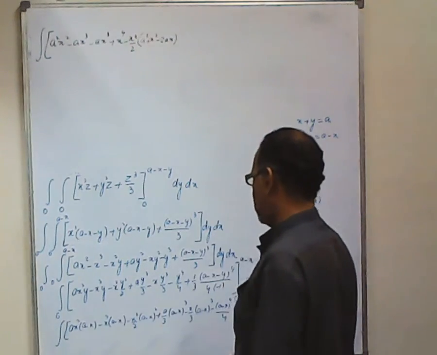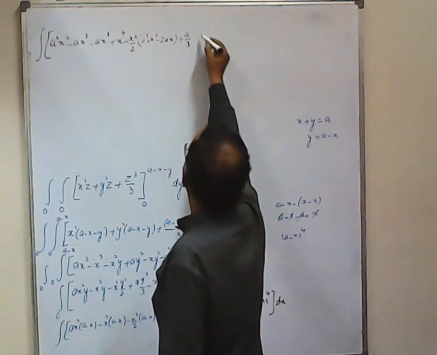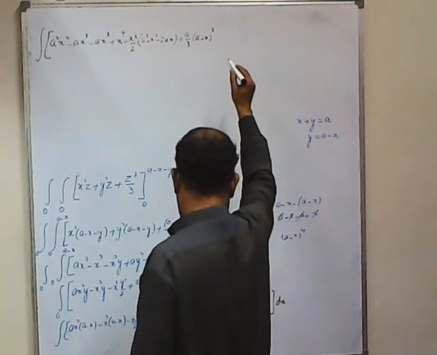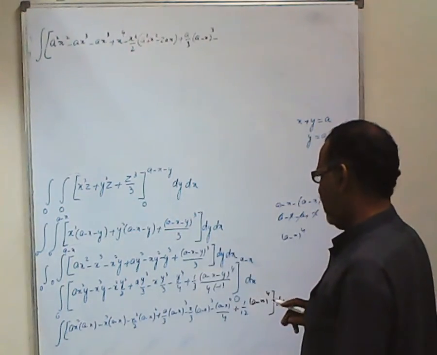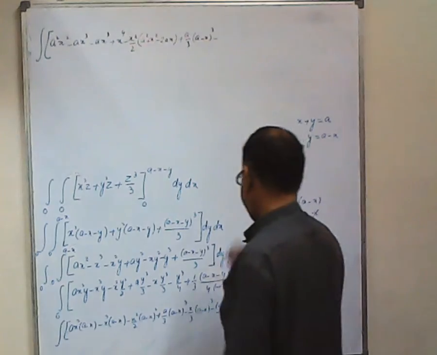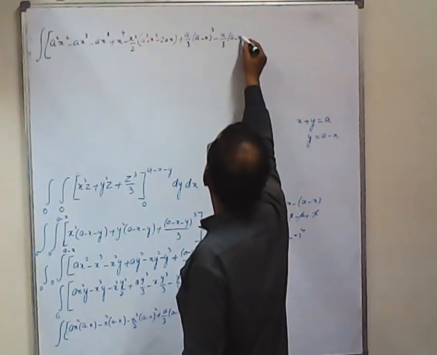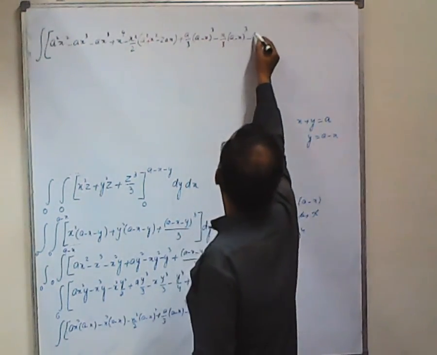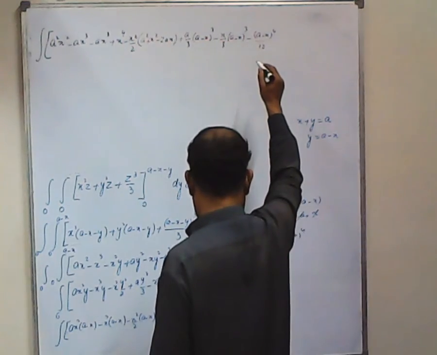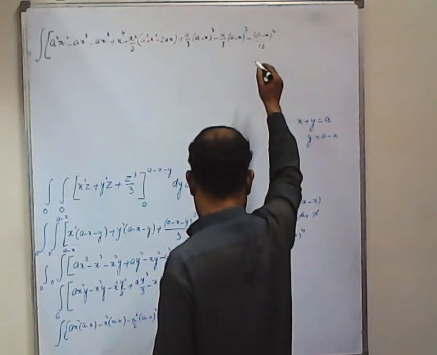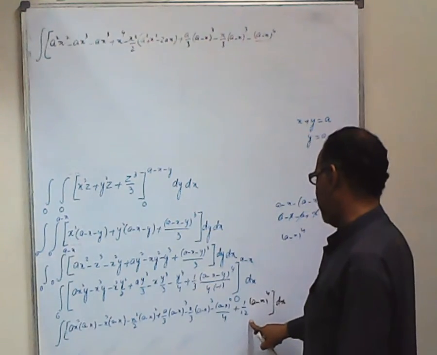I open this one because I need to multiply this one, plus a upon 3 a minus x whole cube, minus then we have x upon 3 and a minus x whole cube, and then minus a minus x whole power 4 upon 12 and minus a minus x whole power 4 upon 4 and plus 1 upon 12.